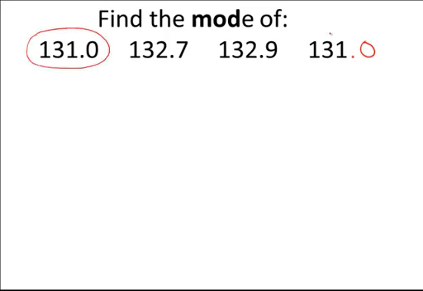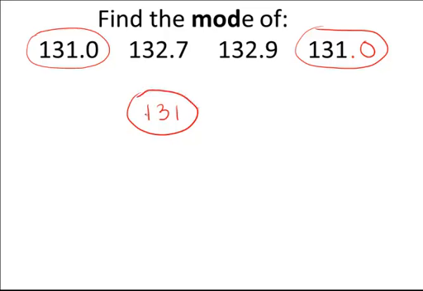For this data set, we see that the value 131 or 131.0 occurs twice, whereas the other numbers occur just once. Therefore, 131 or 131.0 is the mode of this data set.